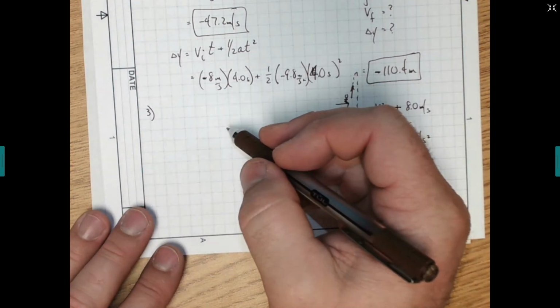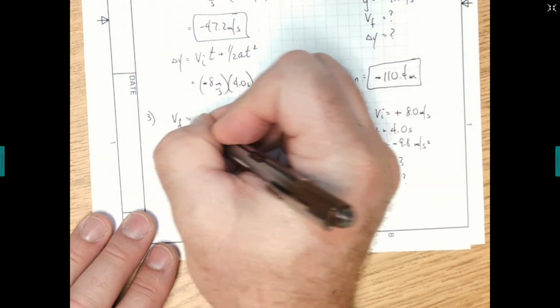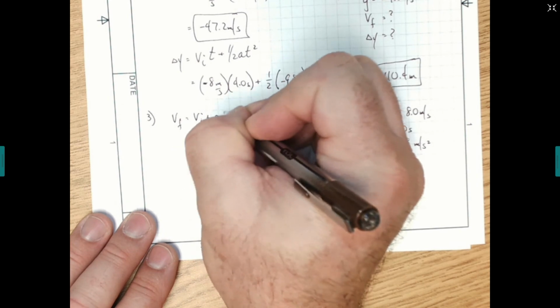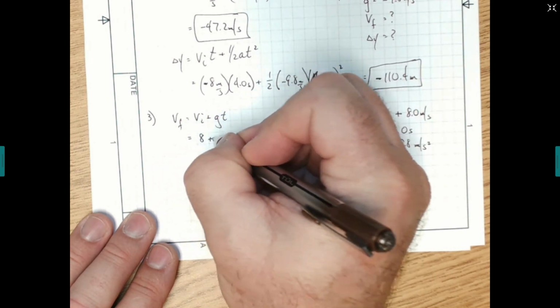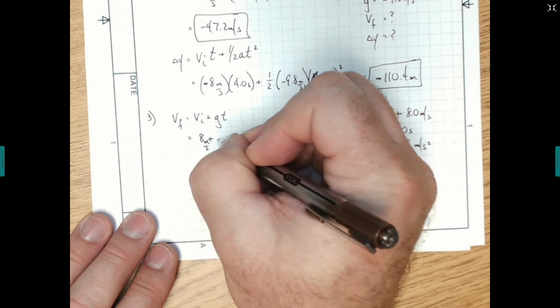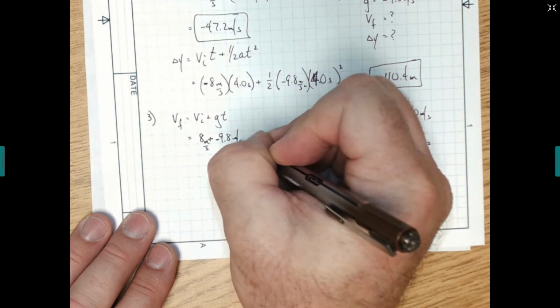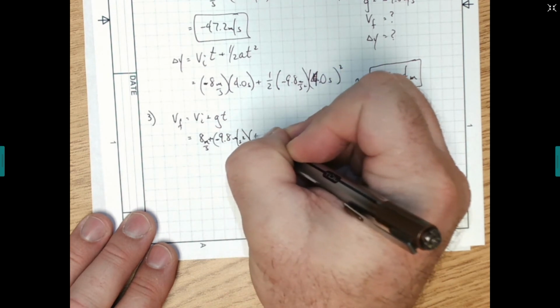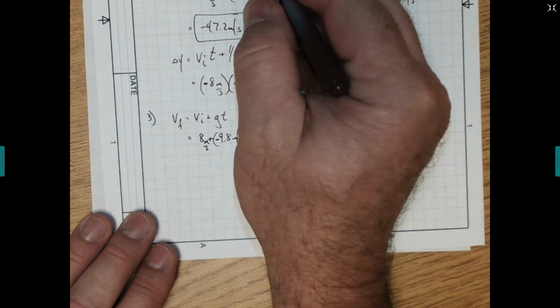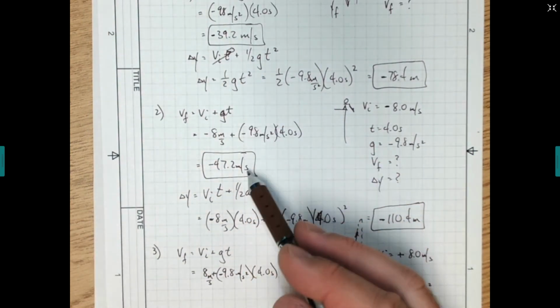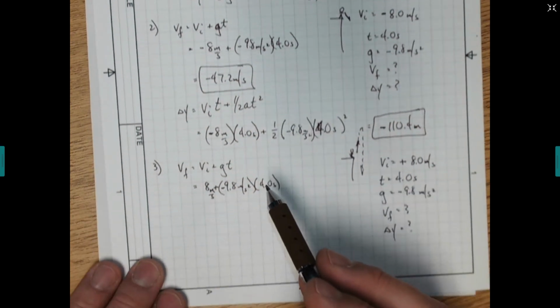So we're using the same equations. So velocity final equals velocity initial plus acceleration times time. This is just going to be 8 meters per second plus my negative 9.8 meters per second squared times my 4.0 seconds. So now we're just going to add 8 to that, where before we kind of subtracted, right? So they were the same sign, so it made it bigger.